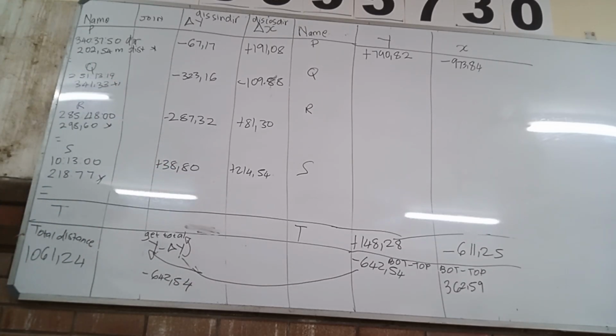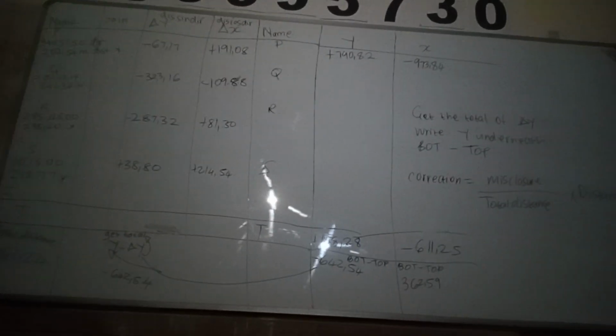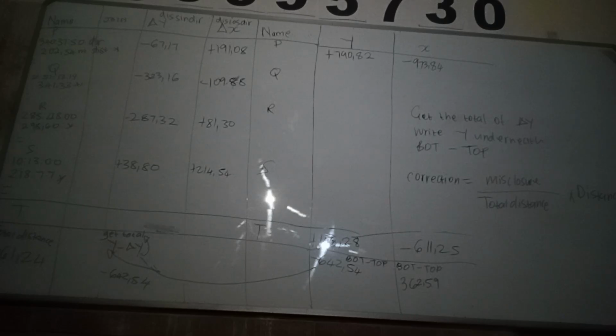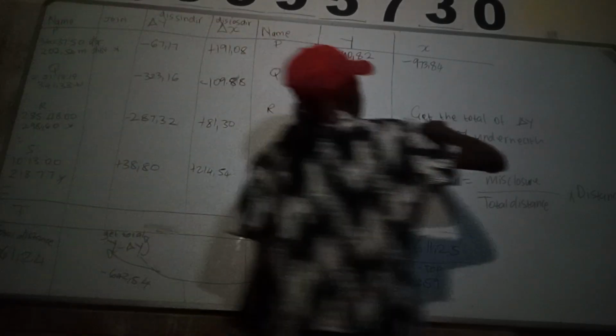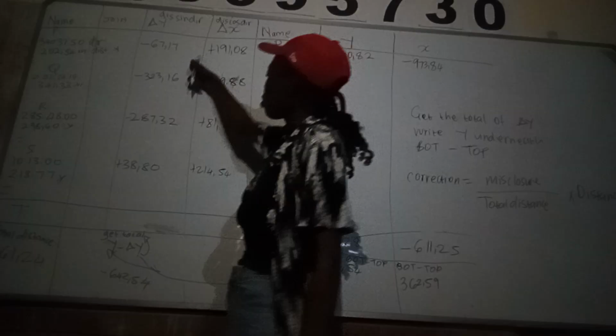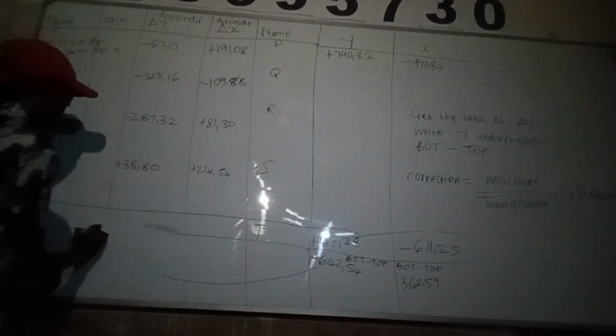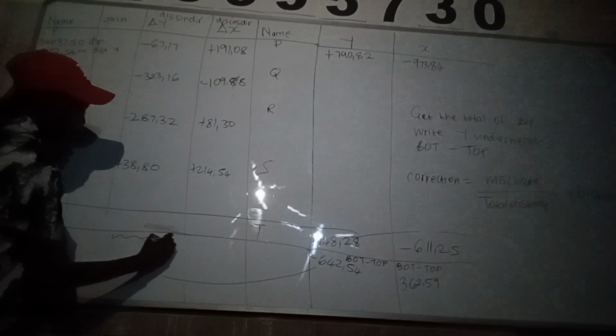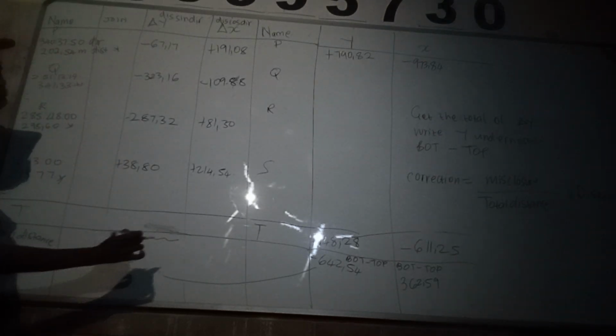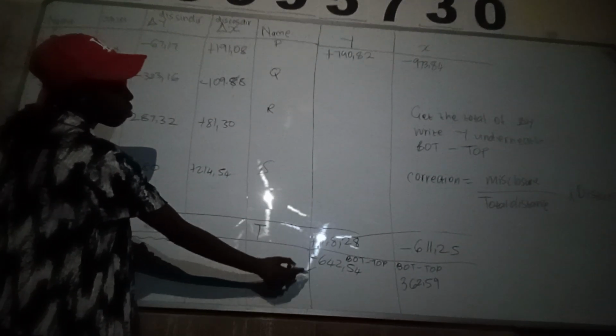Let me check. Okay, so now you need to get the total of change in y, which is for this column. Get the total. You will write it here, and then you also need the total of y.